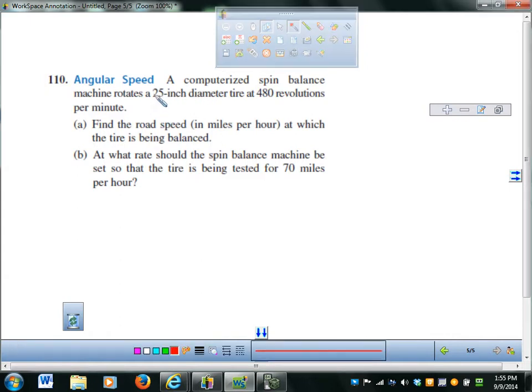So I'm going to find the road speed, which is the linear speed at which the tire is being balanced. If the diameter is 25 inches, the radius is half of that, 12.5 inches.